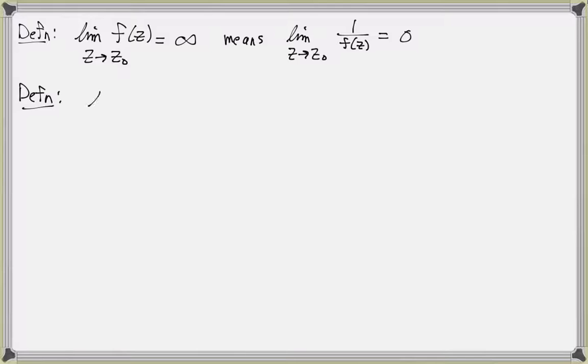Now we say that the limit of f of z as z approaches infinity equals w0 if and only if, in other words, this means that the limit of f of 1 over z as z approaches 0 equals w0.